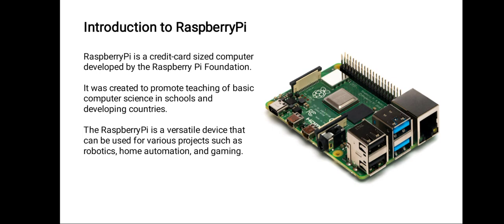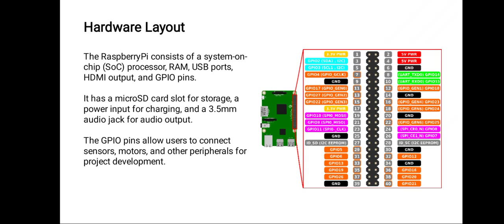And the next, hardware layout. The Raspberry Pi consists of a system on chip, that is SOC processor, the RAM, USB ports, HDMI outputs, and GPIO pins.